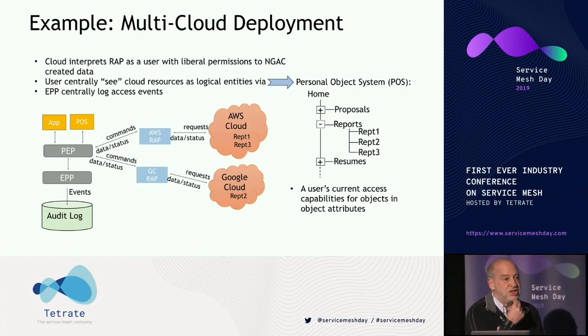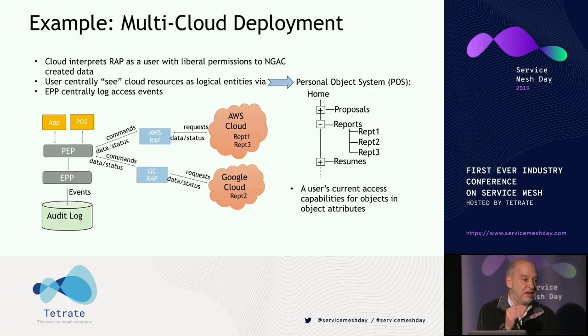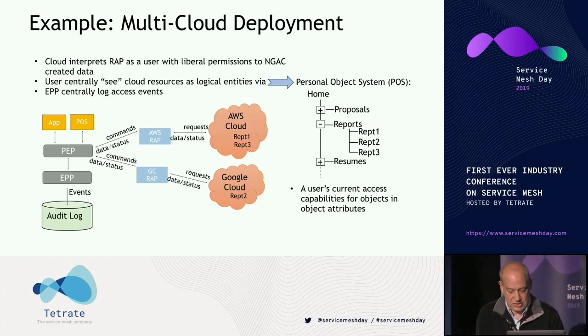The EPP generates, remember I said it generates, we generate an event context for objects, and objects are logical entities that may span clouds and on premise, but the point is that we can essentially use that information for a central audit across multiple clouds.